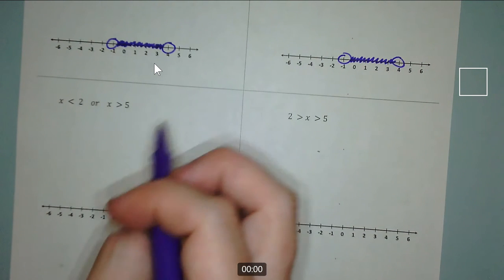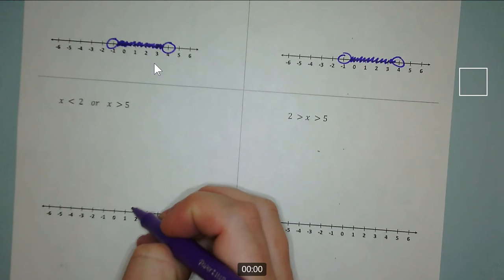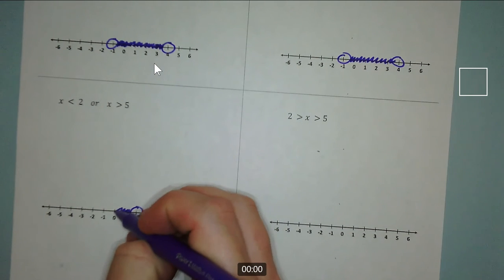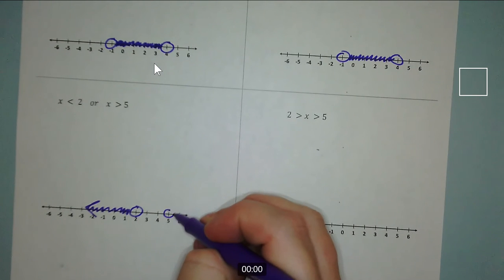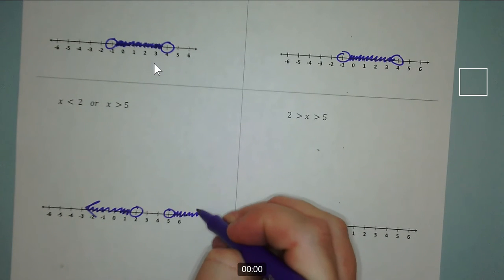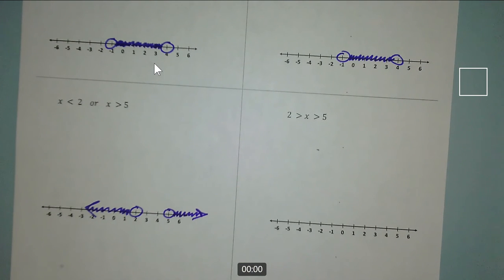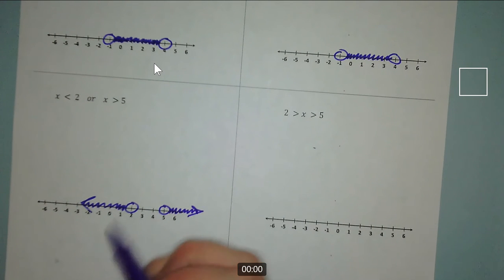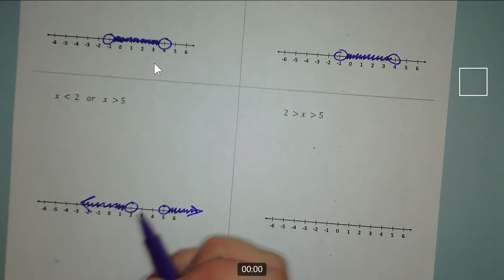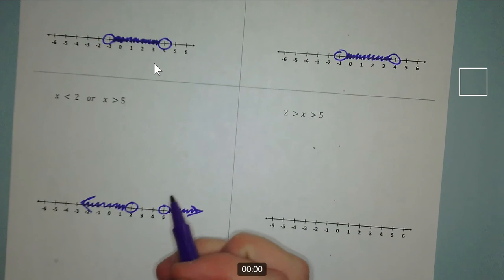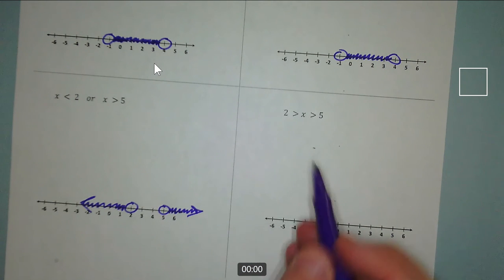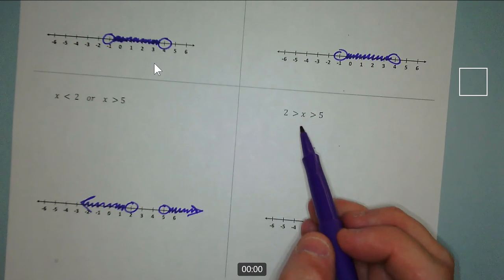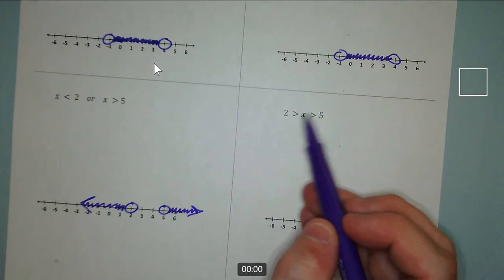So x is less than 2, that's this graph, or x can be greater than 5. So the entirety of both of these graphs is included in the final graph.